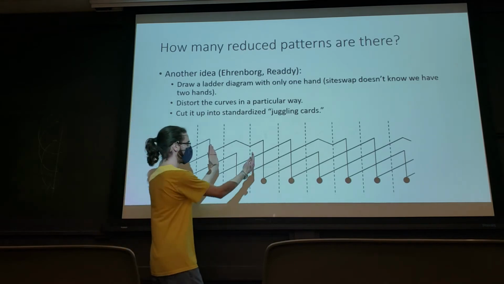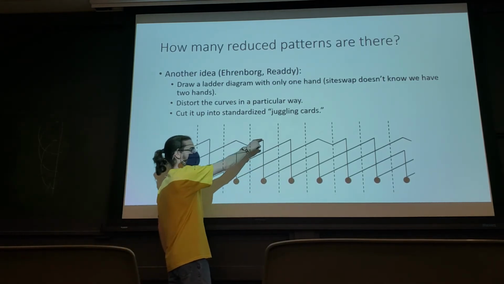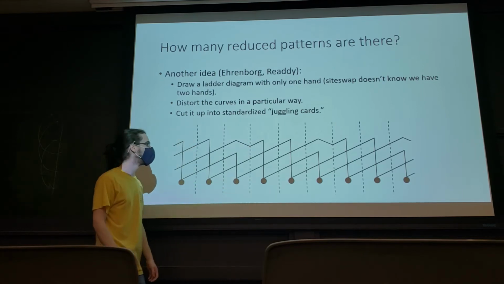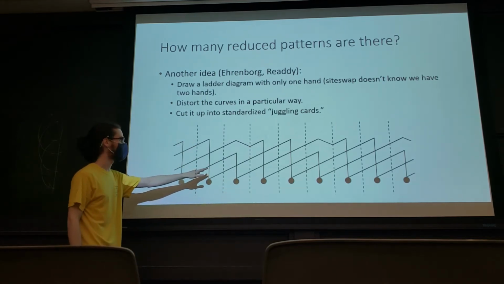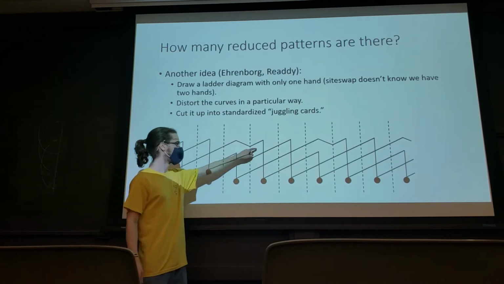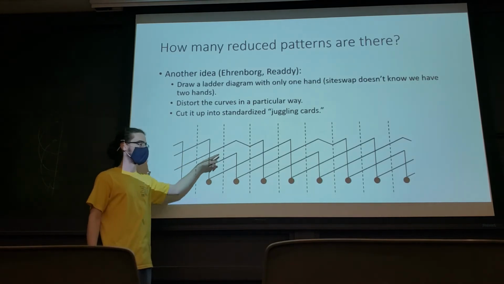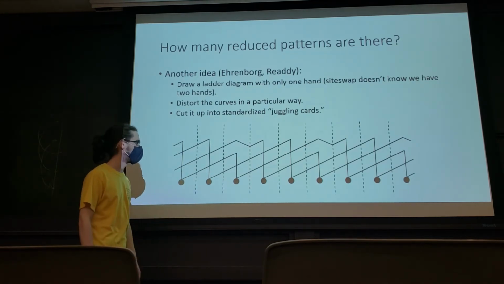If you look at one card, it's describing that some of the balls are moving up, and one ball is falling all the way down and being caught. For this pattern, there are 2 juggling cards that show up: one where the top ball falls all the way down, and one where the second ball falls all the way down.